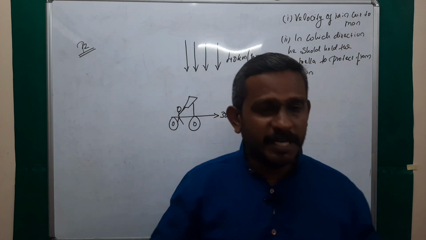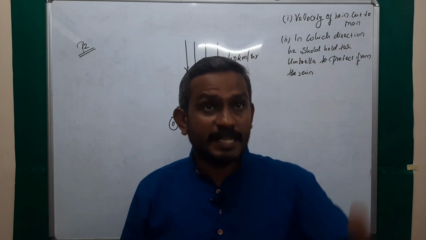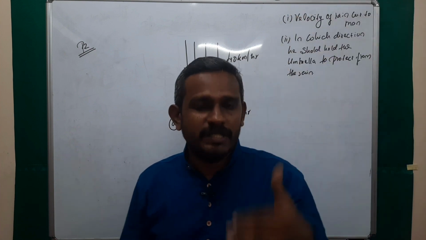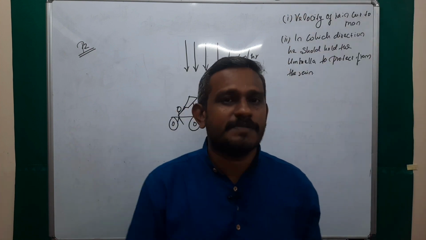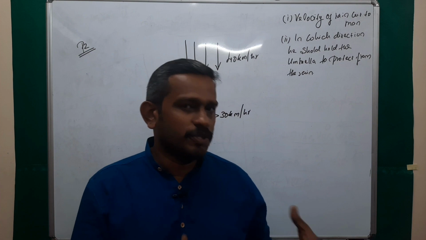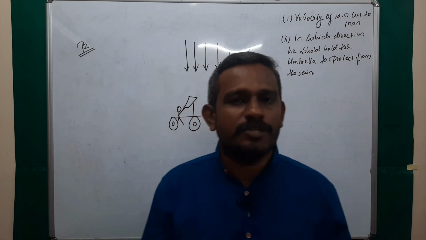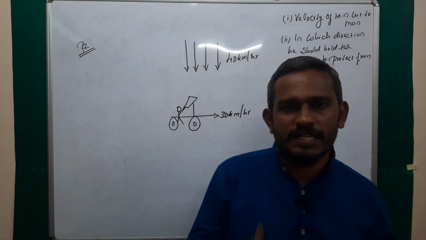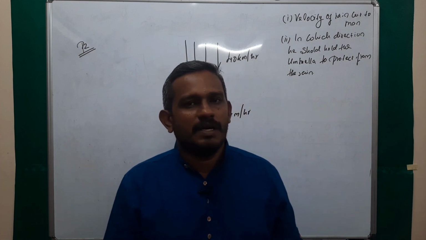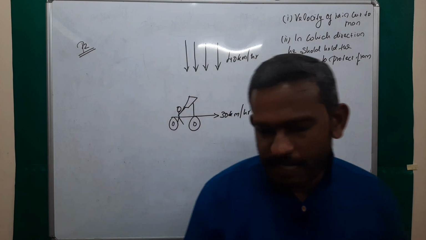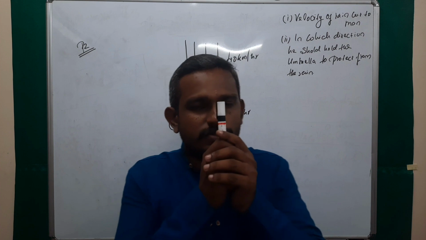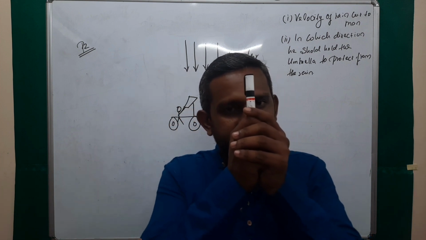So when we ride the bike, we feel that the rain is coming in this direction and hitting our face. It is because of the relative velocity of the man and rain. When we stop the bike, we usually hold the umbrella like this.